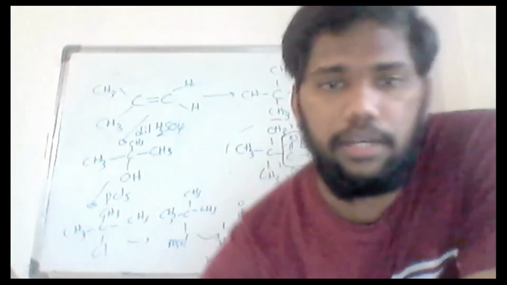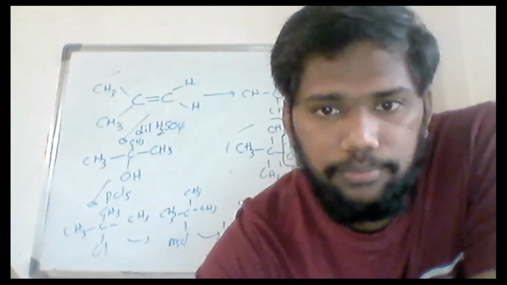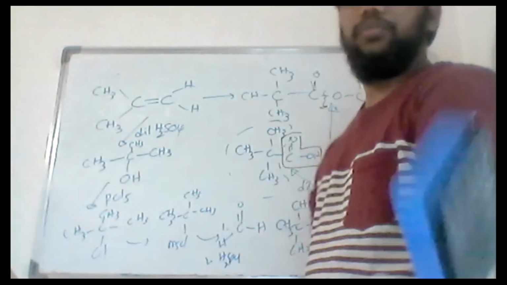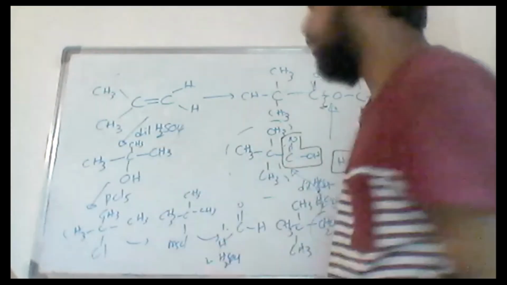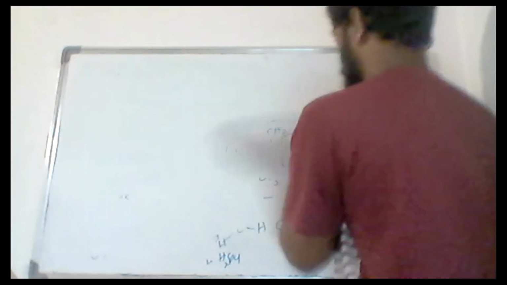So this is one of the questions. Okay, so that is done. And the next one is also very similar. If you do this one, the next one is also a very similar question. Okay.